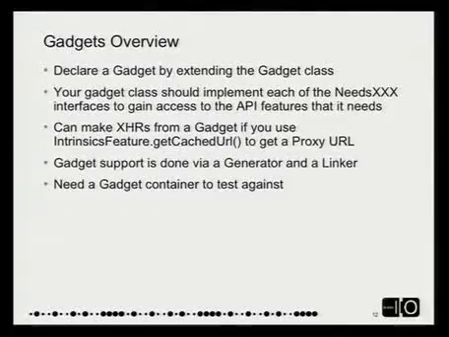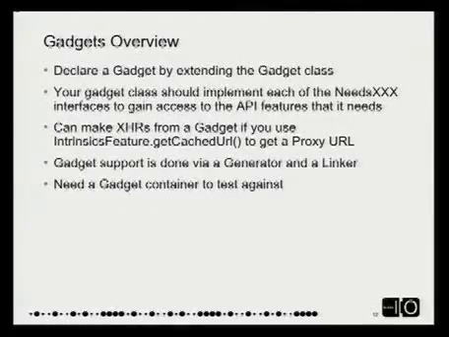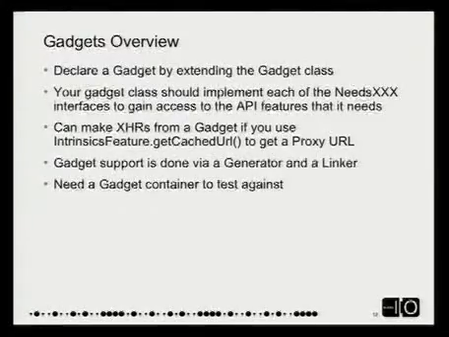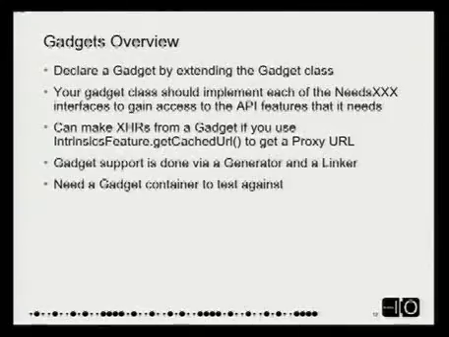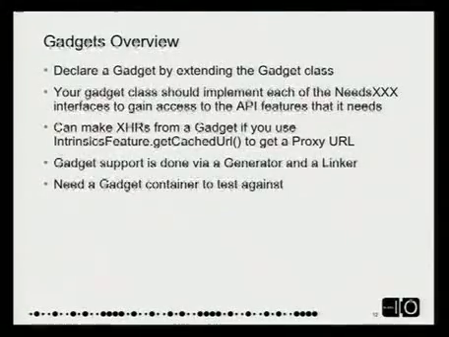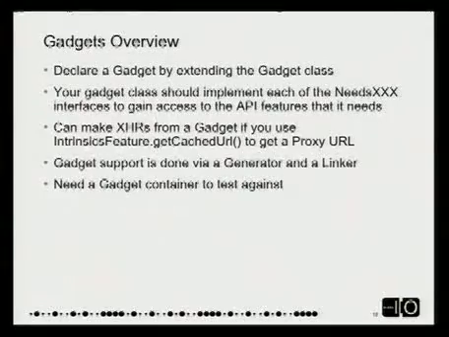And then from that point forward, you could just have your gadget make RPC calls if you want. And that's not restricted by the same origin policy, because this functionality actually sends it back to the server of origin, and it deals with the redirect at that point.